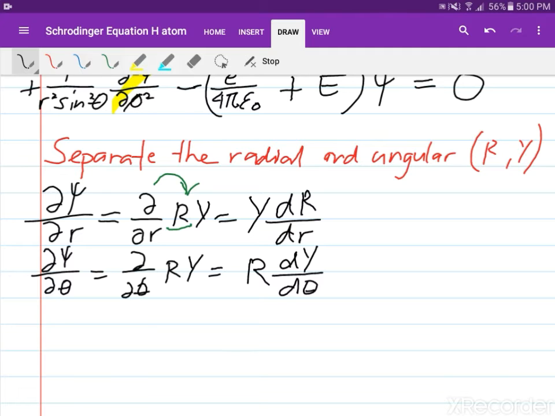Also the same for our second partial derivative with respect to phi. So it will not act on the radial part.